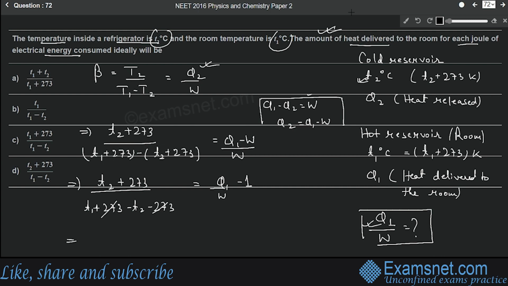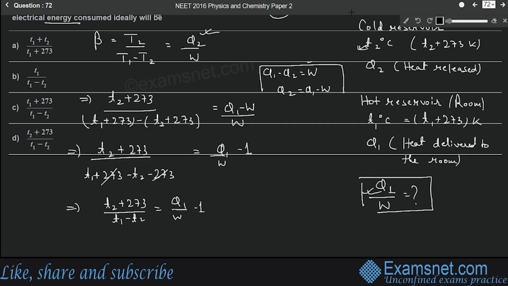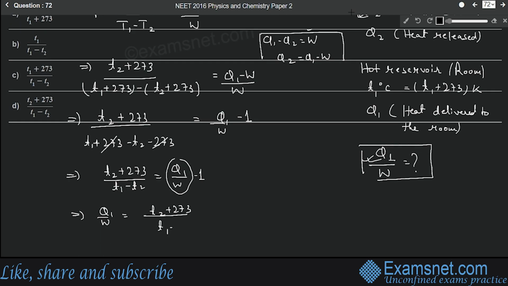So this side we have T2 plus 273 upon T1 minus T2, and this side we have Q1 by W minus 1. Now we have to find the value of Q1 by W. So what will be the value of Q1 by W? That will be equal to T2 plus 273 upon T1 minus T2 plus 1. The 1 will go this side in plus.